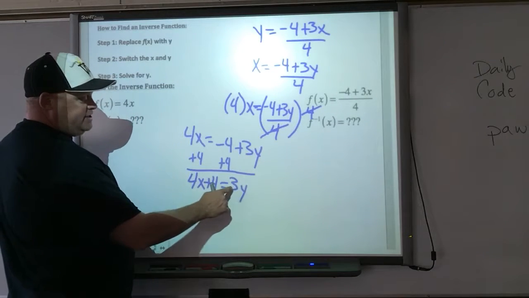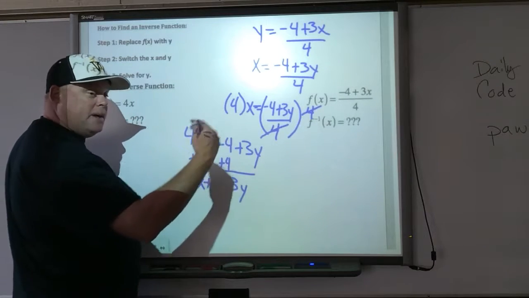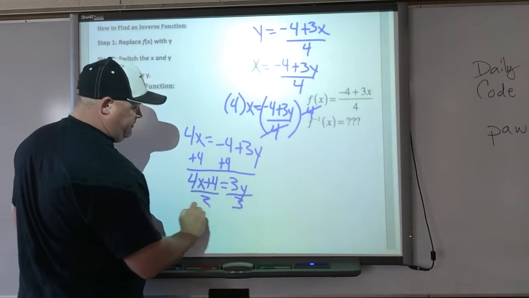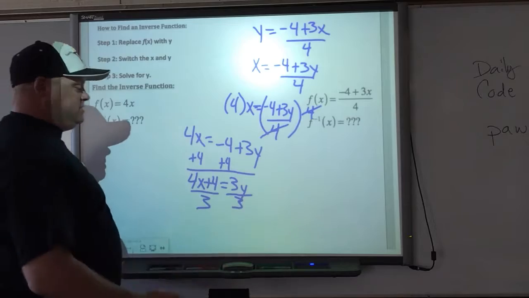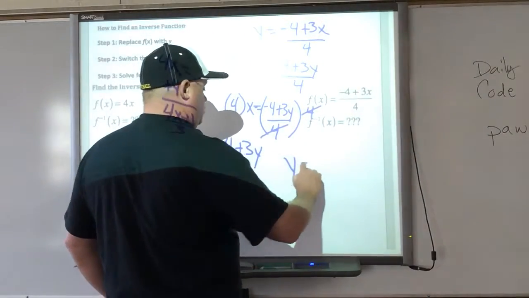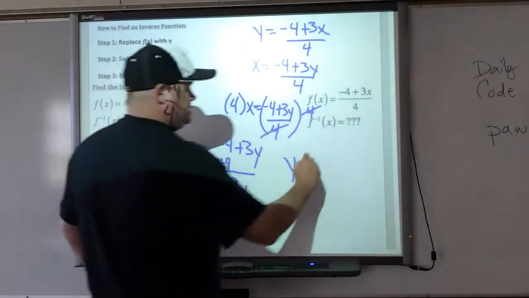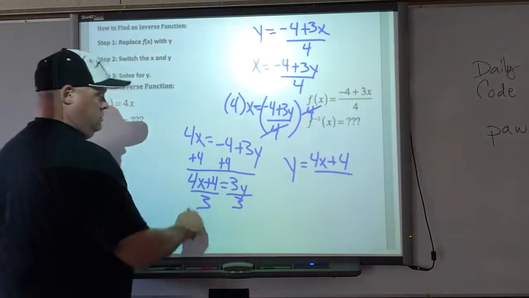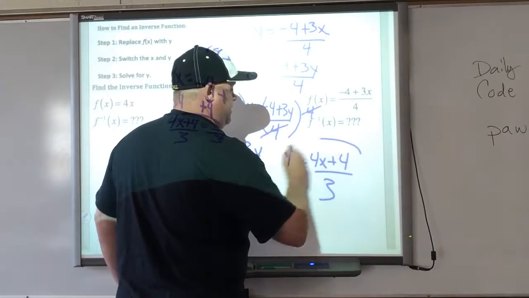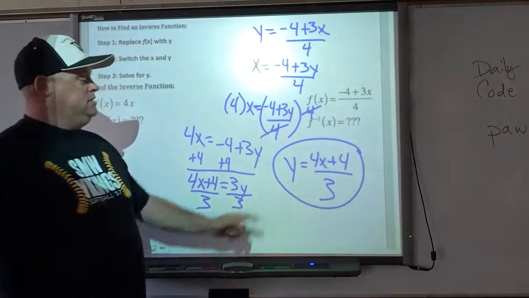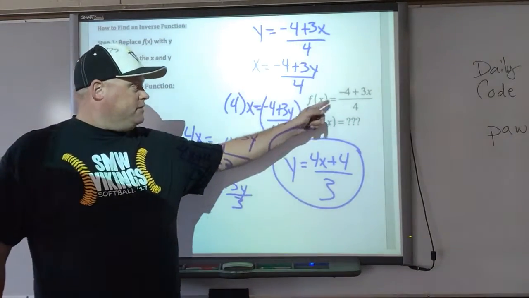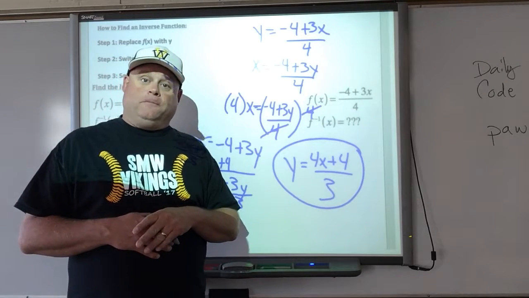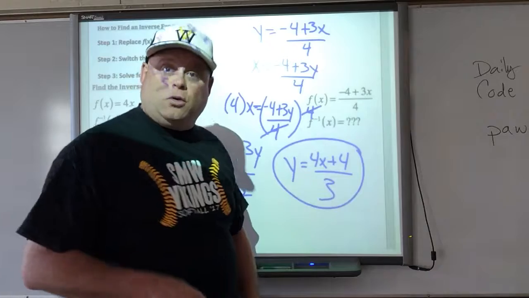I have the y attached to the 3 by multiplication. The opposite of multiplication is to divide, so divide by 3, divide by 3. So what is my answer? My answer is y equals 4x plus 4 all over 3. That is my inverse function of f of x being equal to negative 4 plus 3x divided by 4. All right, let's do a couple more.